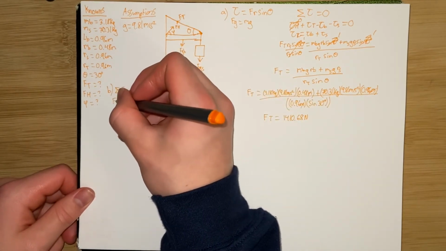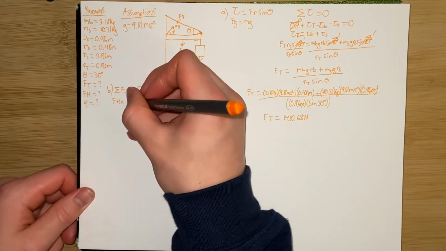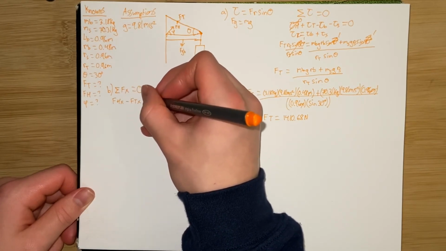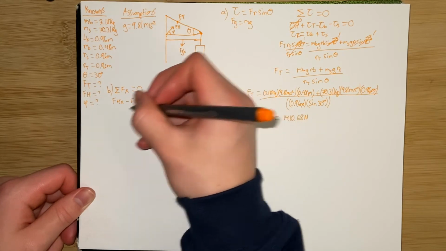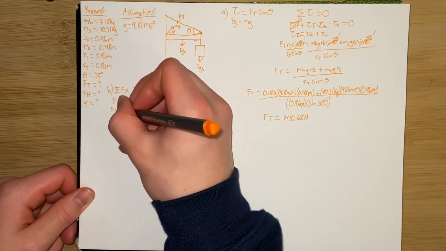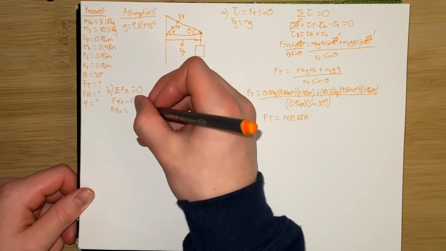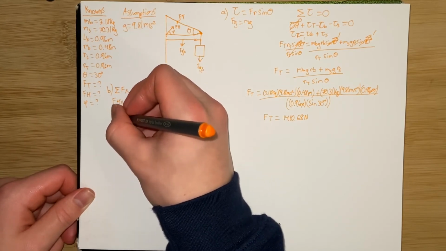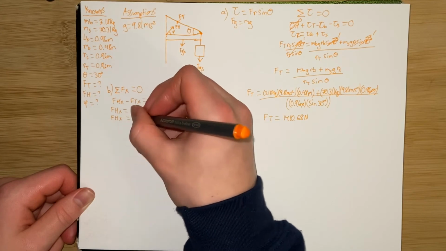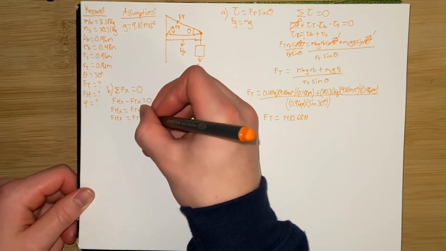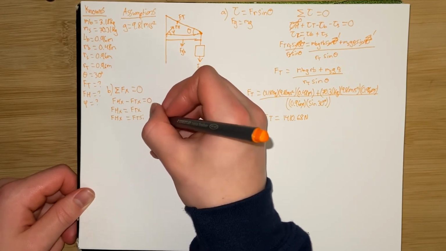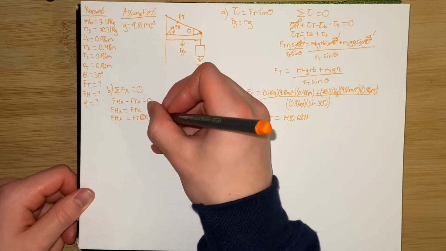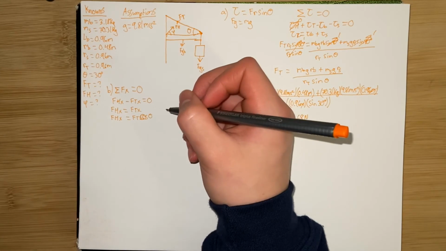So FHX minus FTX is equal to 0. FHX is equal to FTX. FHX is equal to the force of tension times the sine, or rather the cos of theta.